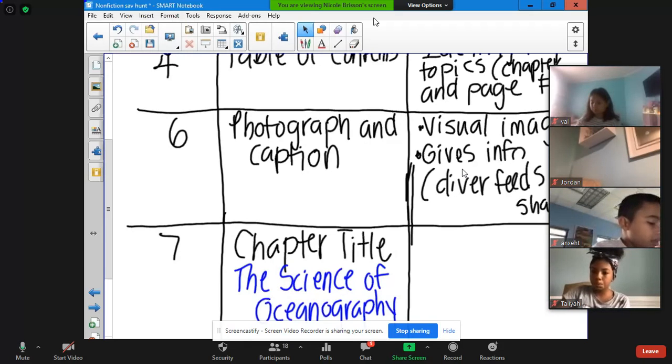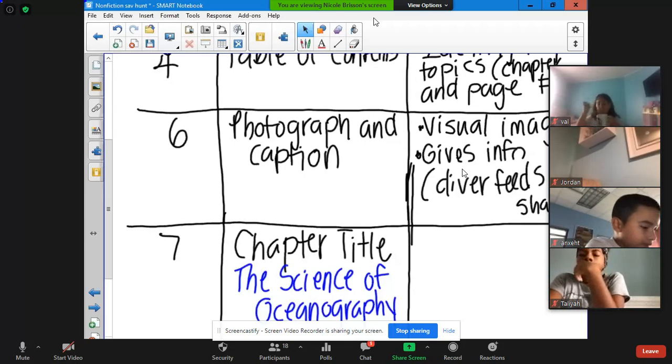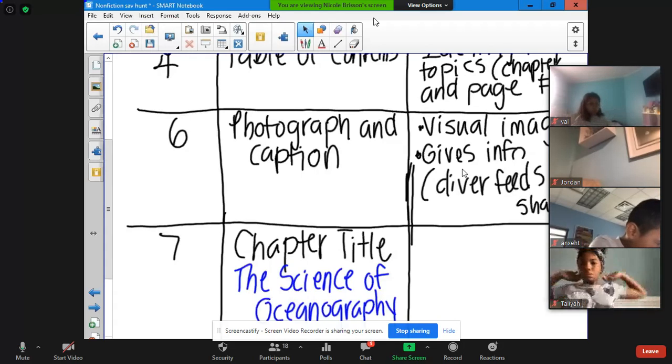Someone in Miss Caldwell's class, why is the chapter title so important? Why do we need to have that? Brayden, what do you think? So you know what you're going to be reading about. Excellent. I don't know who said that, but that is exactly right.